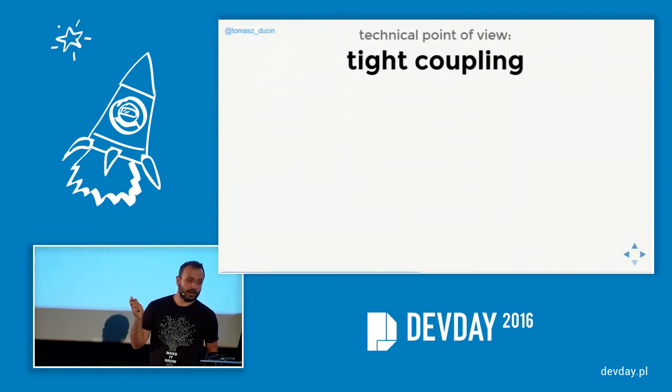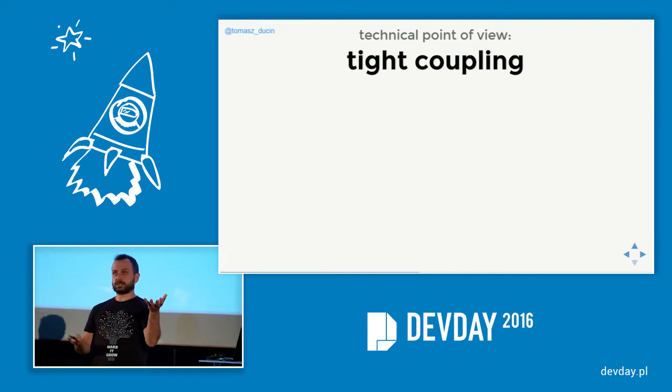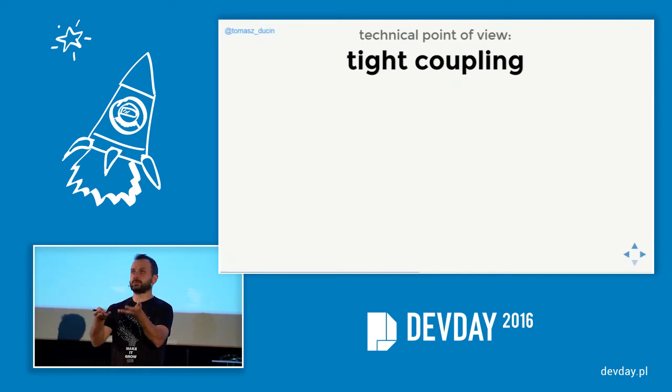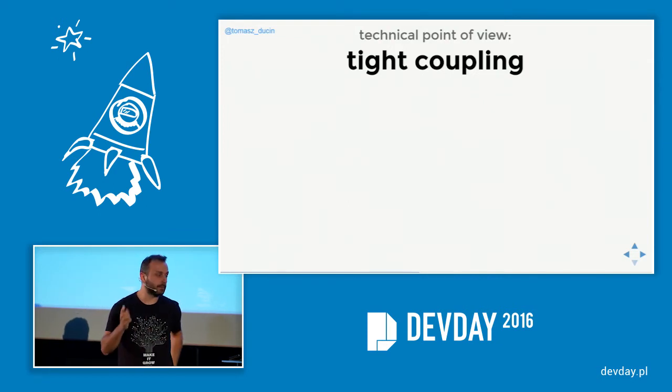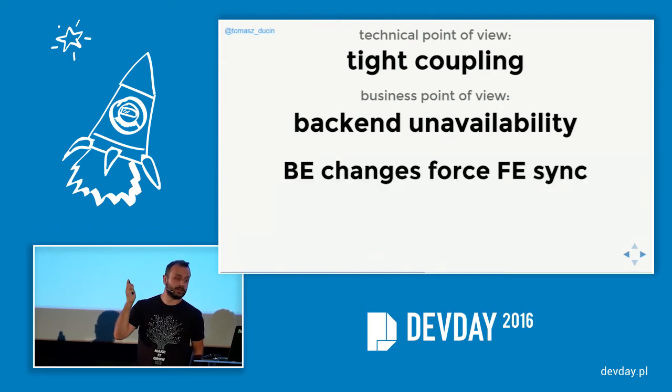So to recap, from a technical point of view, we've got tight coupling, right? Frontend is tightly bound to the backend. When the backend is down, frontend has problems as well. And from the business point of view, we want to address backend unavailability.